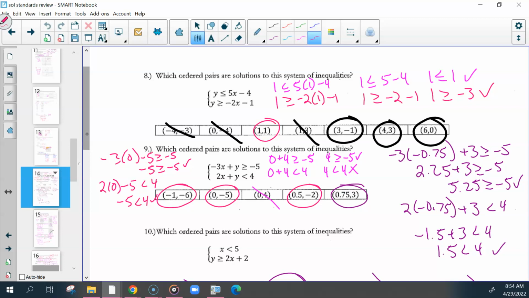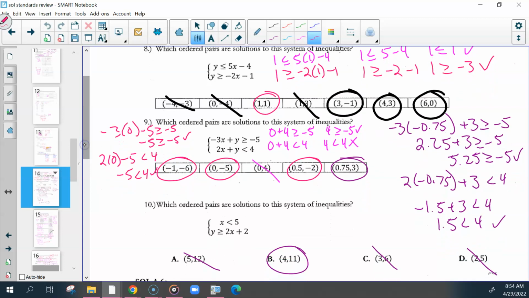Questions on each? Number 9 was the same thing. Put these 2 into Desmos. There were ones that were solutions. You could visibly see it. This one was definitely one you could see, and this one was definitely one to see.